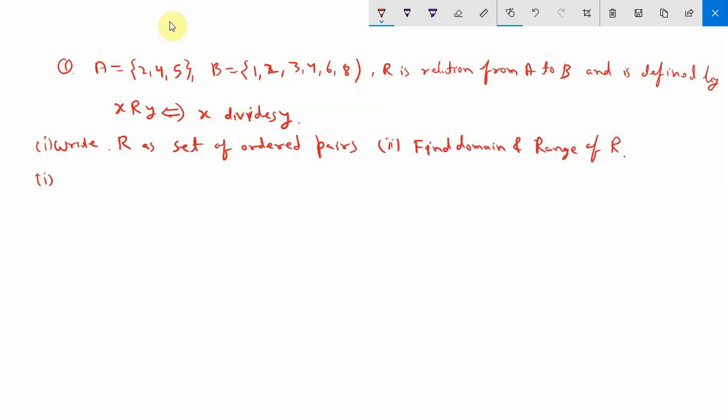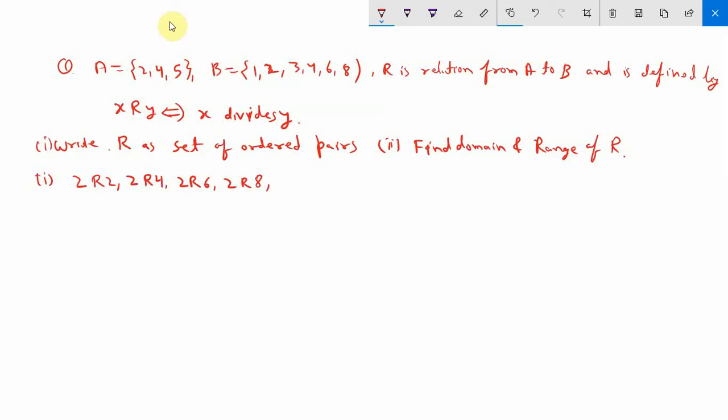See, x is related to y such that x divides y. So 2 will divide 2, so 2 R 2. 2 will also divide 4, 6 and 8. So 2 R 2, 2 R 4, 2 R 6, 2 R 8.